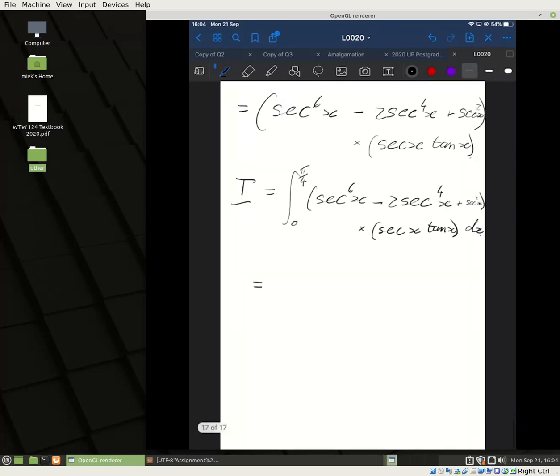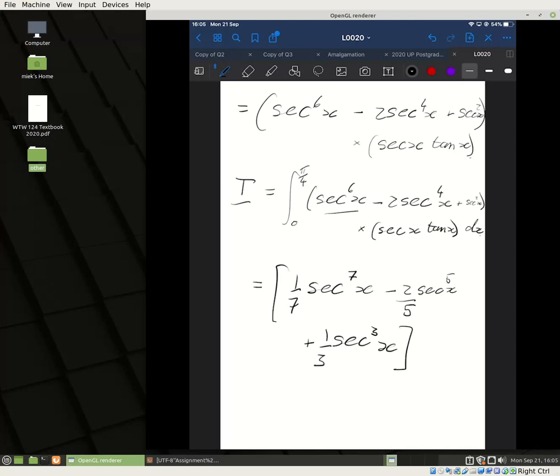So this then becomes sec to the 7 x times 1 over 7 from that term, minus 2 sec to the 5 x over 5, sorry, plus sec cubed x over 3.